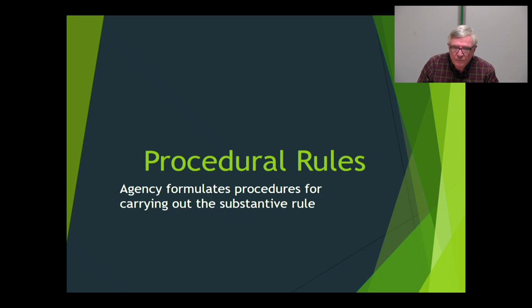Procedural rules. Once the agency has figured out what the regulations are, how are they going to enforce them? How are they going to be carried out? Recently, for instance, on the EPA website, because of a court order, again, we'll come to that in the last segment, the role of courts, farmers engaged in animal husbandry have to file paperwork, and a lot of it, identifying what the animals are, what they eat, and how their waste is disposed of.